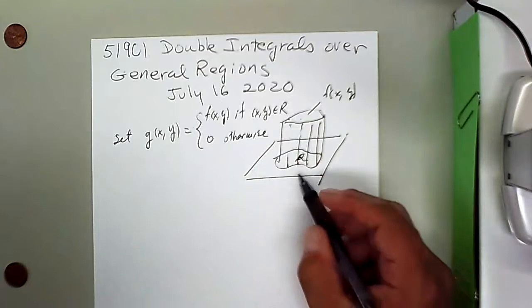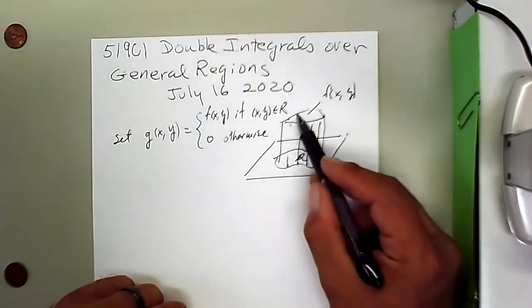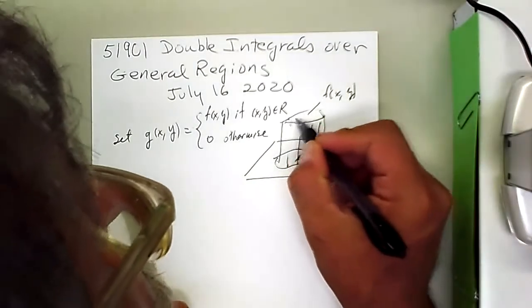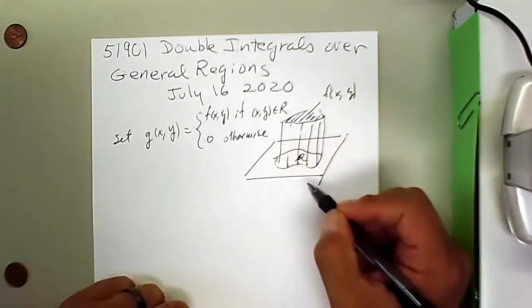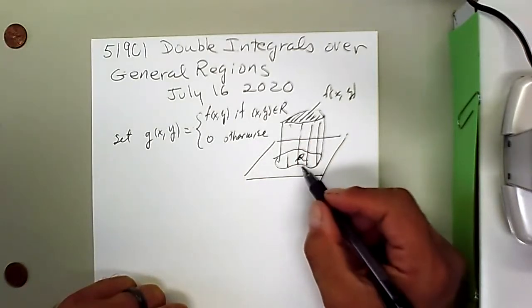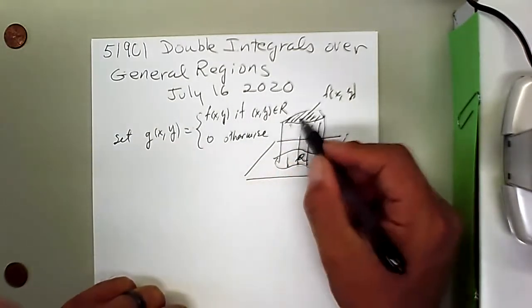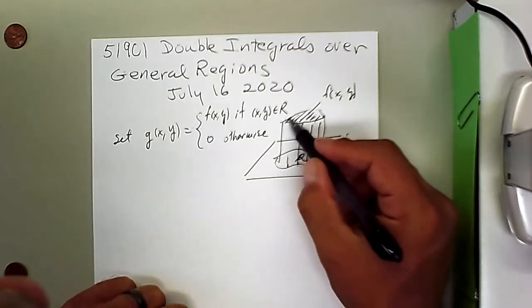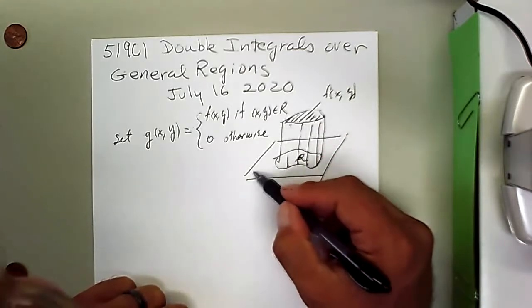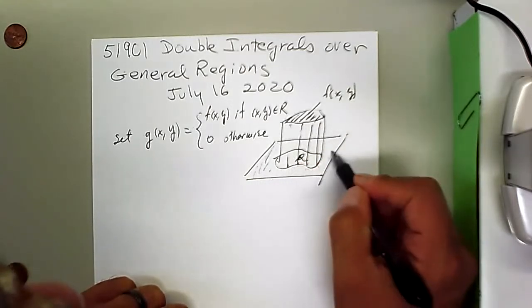So the function may be only this portion here. This may be the function, but we can always embed this function into another function in which, if we're in the region, we have that, and if we're not in the region, we have 0.